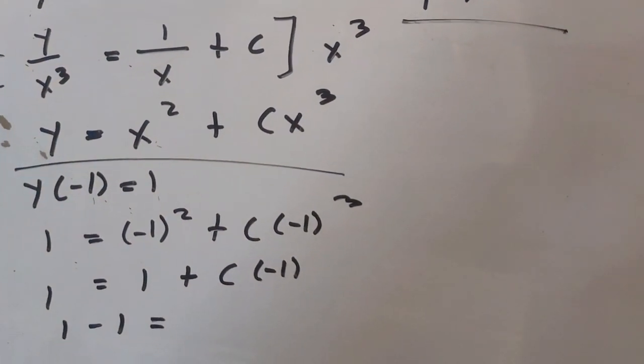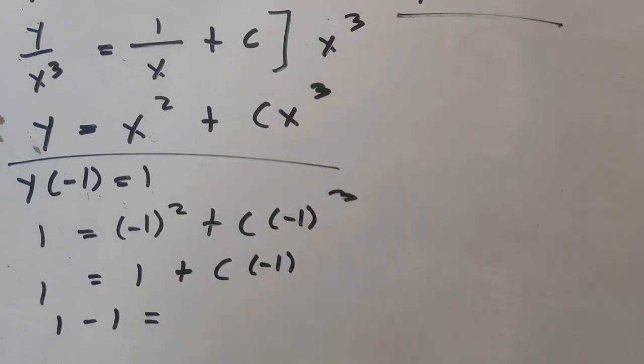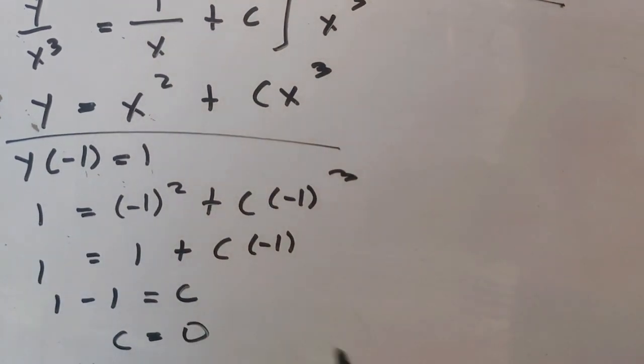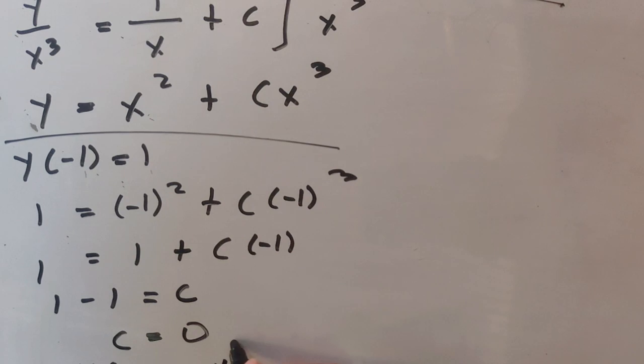So 1 minus 1 is equal to c, so our c is equal to 0. We can conclude that y is equal to x squared.